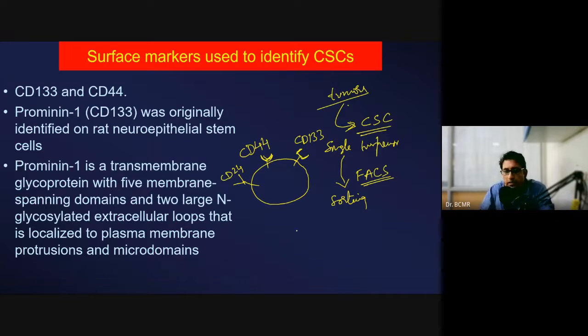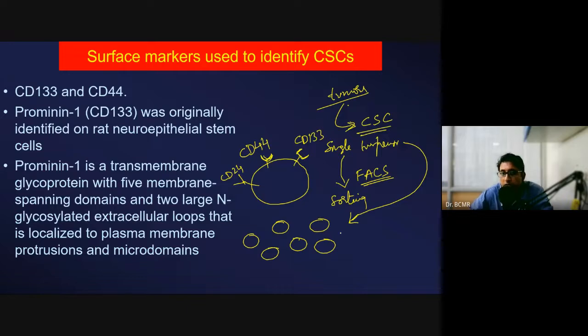So people have decided that if we have different types of cells, a heterogeneous cell mixture isolated from the single cell suspension, and we know their cell surface markers, then based on the cell surface markers we could separate them using FACS.